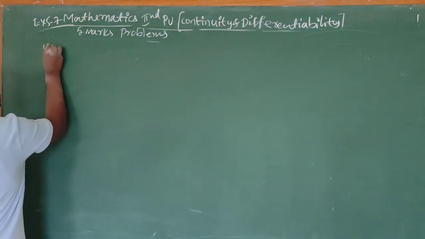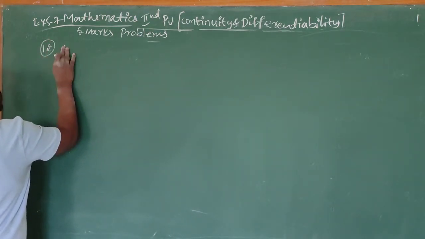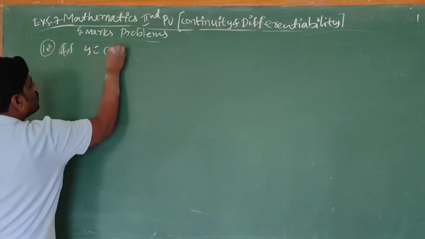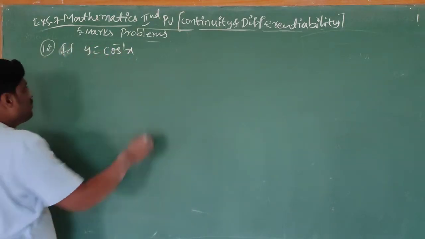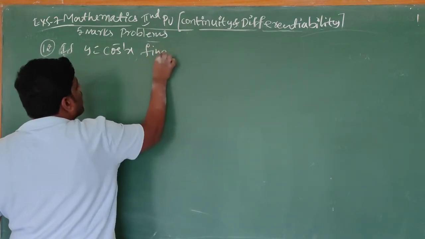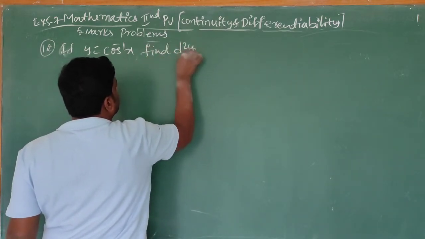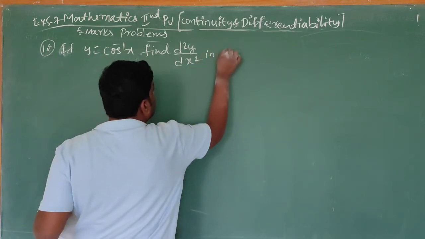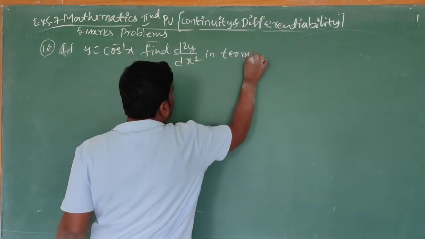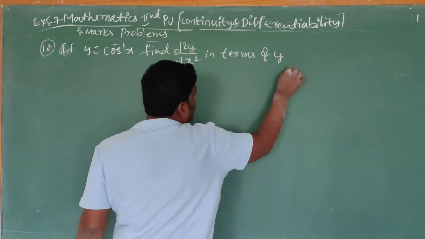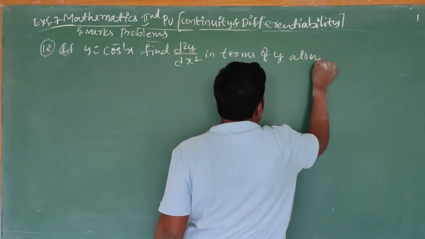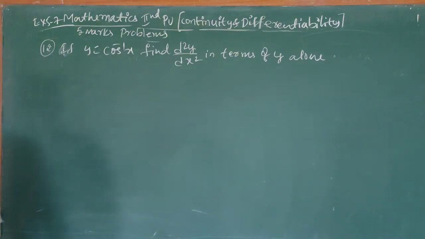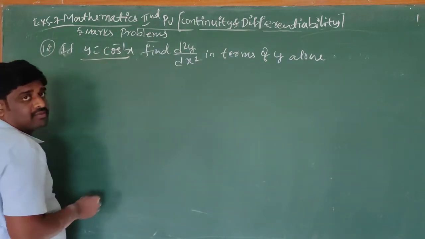Twelfth problem. If y is equal to cos inverse x, find d square y by dx square in terms of y alone. y is equal to cos inverse x.